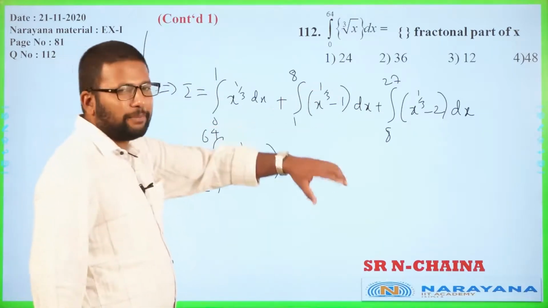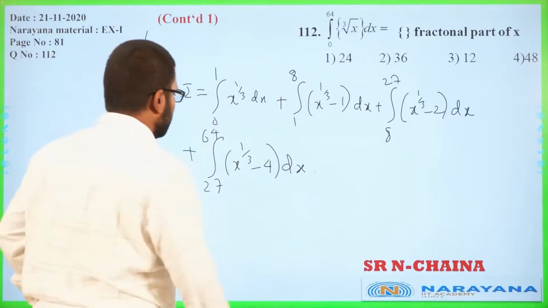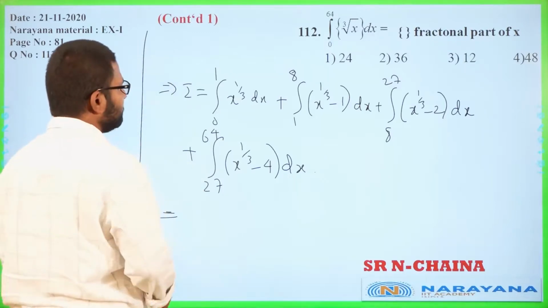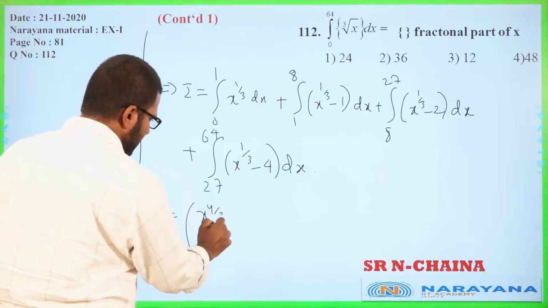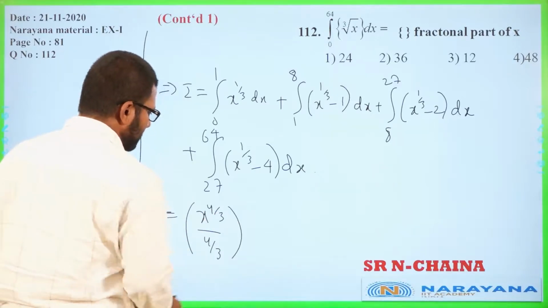Now it's just a matter of step by step simplifying everything. Okay, so in 0 to 1 it is x raised to 4 by 3 upon 4 by 3.